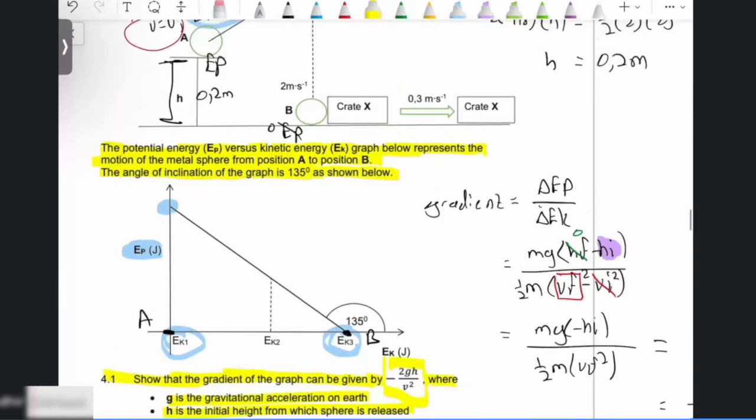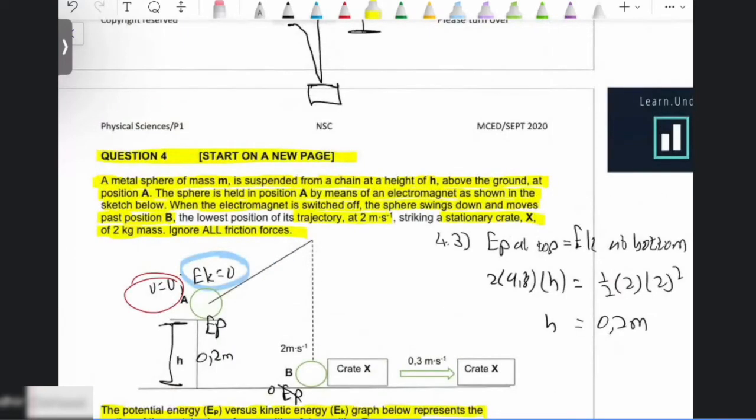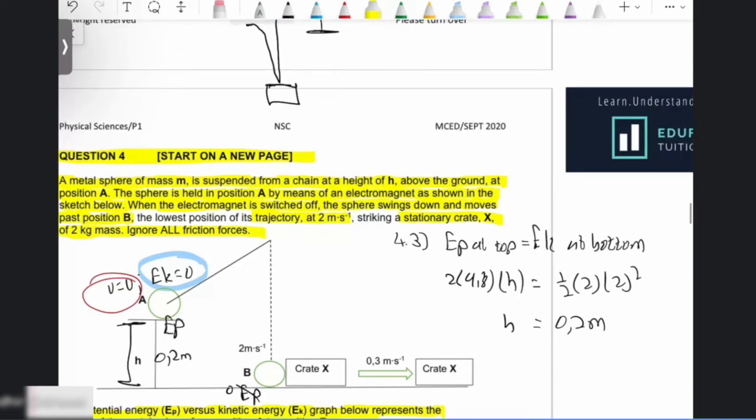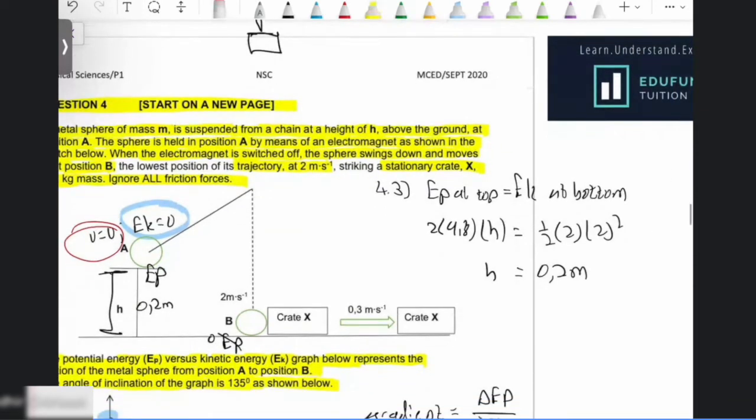Wait, did I make a mistake here? I did. This mass should have just been m. Eventually they'll still cancel out, and the height would still be 0.2 meters.